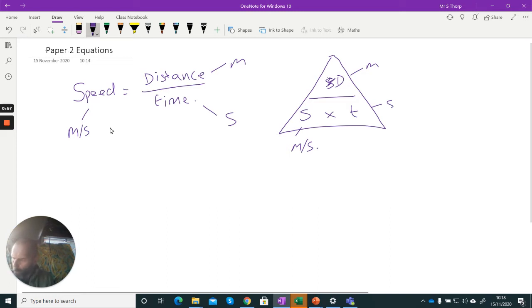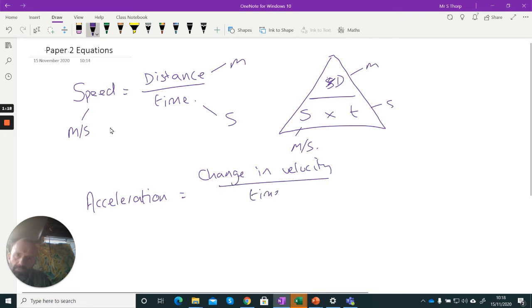Next one. Acceleration is equal to change in velocity divided by time taken.